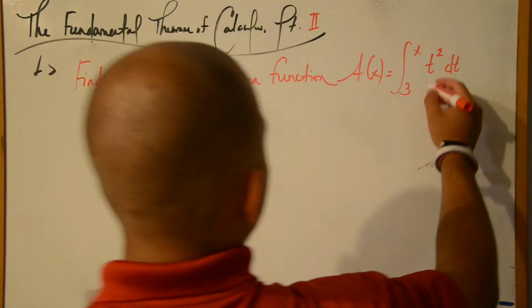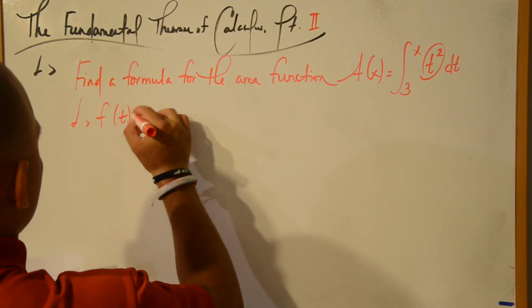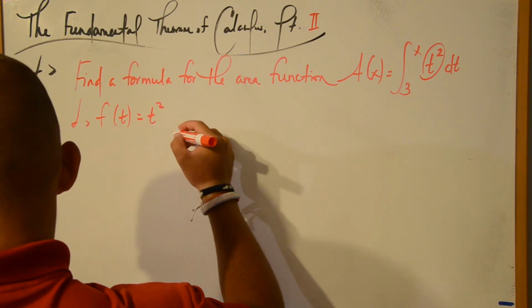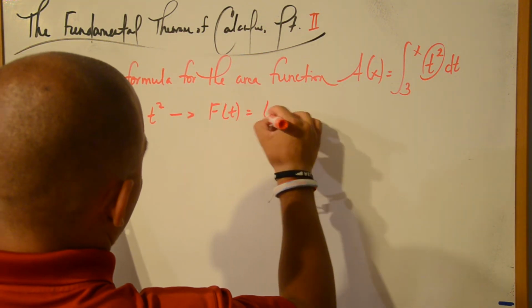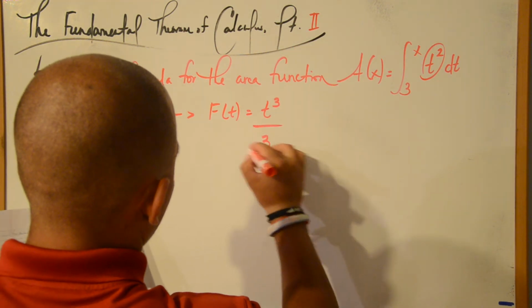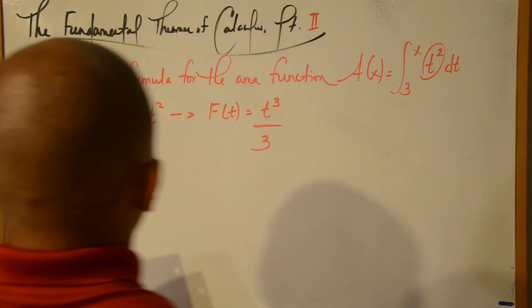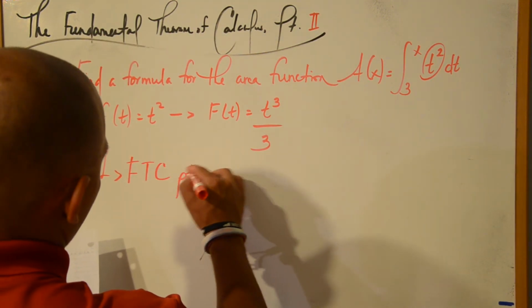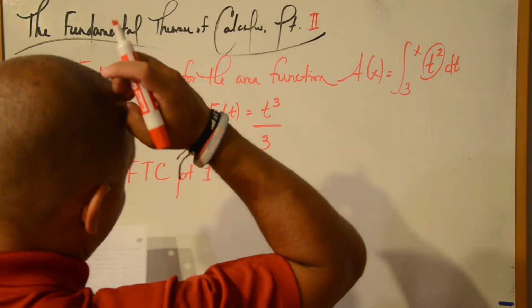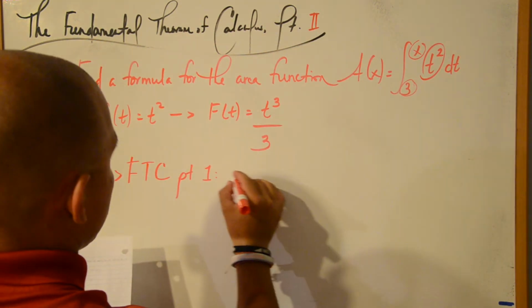We know that f of t is t squared. So capital F of t, its antiderivative, is t cubed over 3. We can now apply the fundamental theorem of calculus part 1, which says take your bounds, take their difference as they're substituted in.